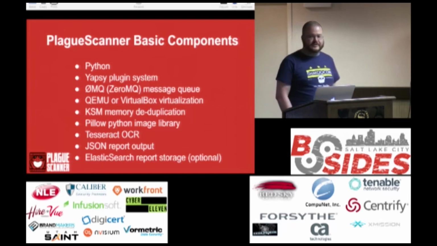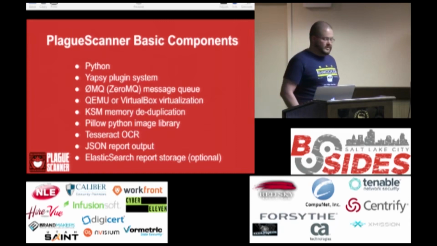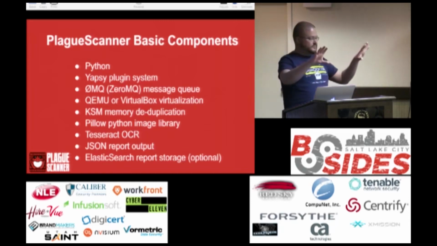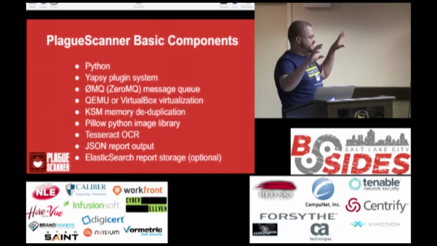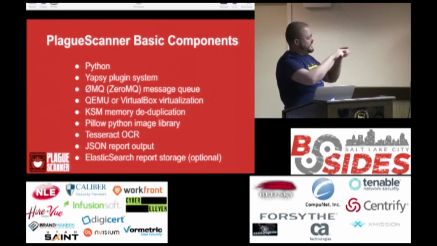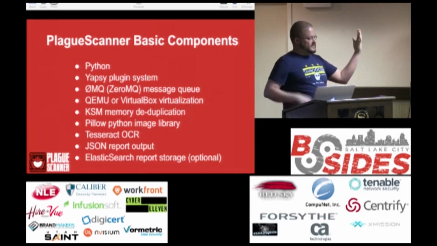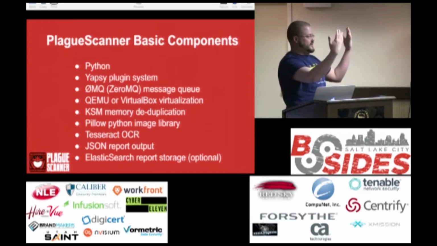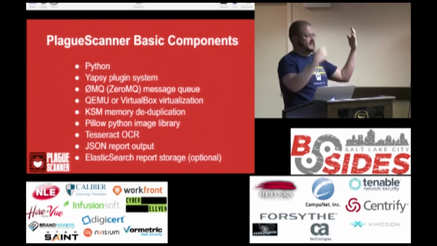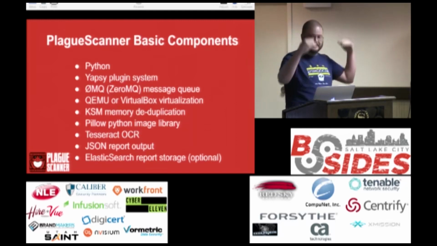The reason I like QEMU is that it has kernel same-page merging, which is a type of memory deduplication. If you have 2 or more VMs running the same operating system, they have almost the same set of memory pages. So why take up that much space in the host operating system?